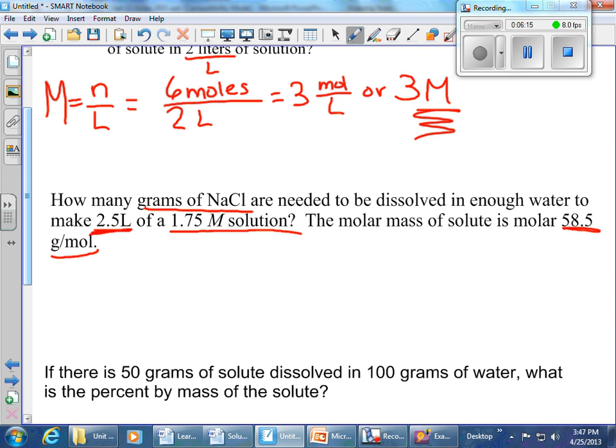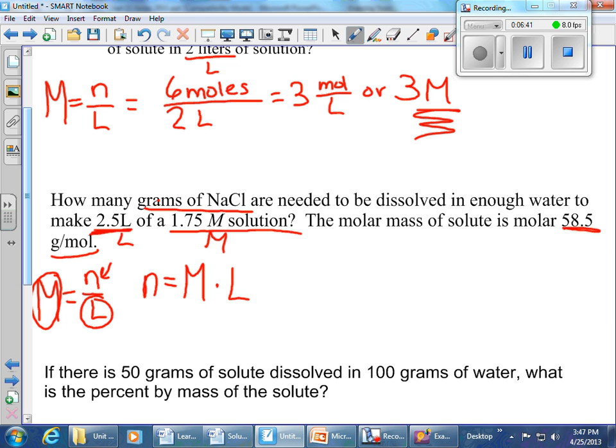So I know this equation, big M equals number of moles per liter. This is M, this is L. I know these two, but I don't know my number of moles. I know that moles can get me to grams, so I need to figure out my n. So n is going to equal molarity times my liters.